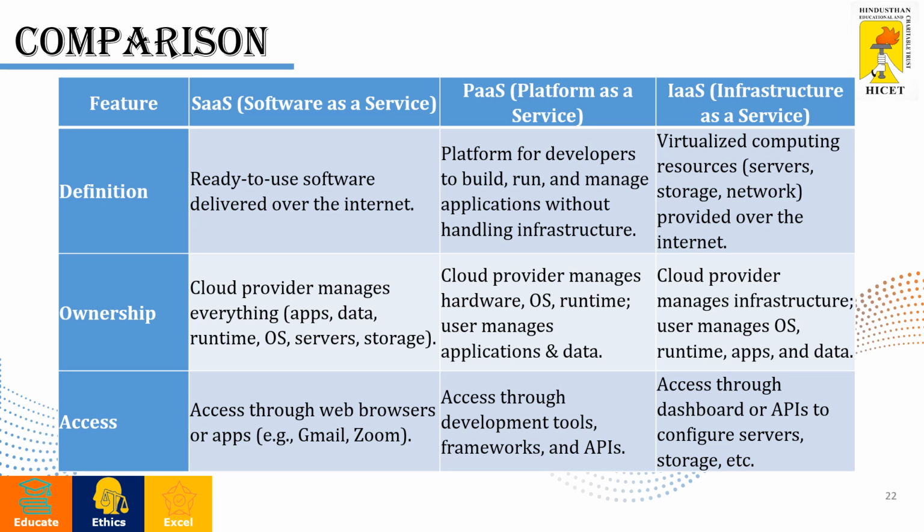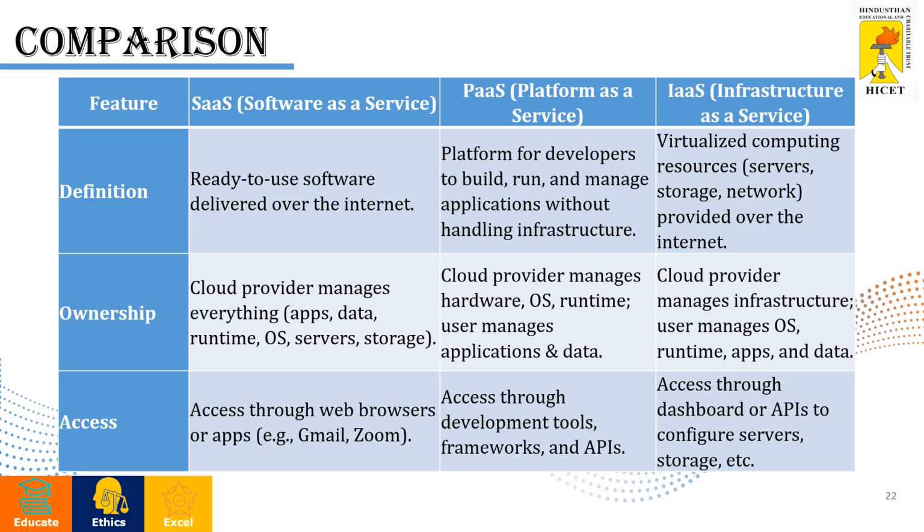We need not worry about the infrastructure, we just build, run and manage the applications. Next one, infrastructure as a service: here we virtually share resources like server, storage and network provided over the internet.